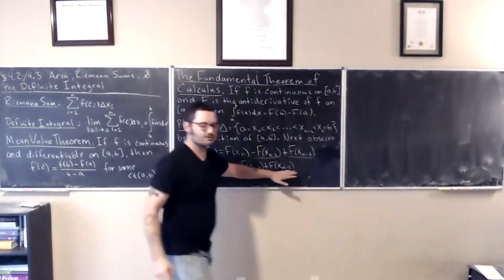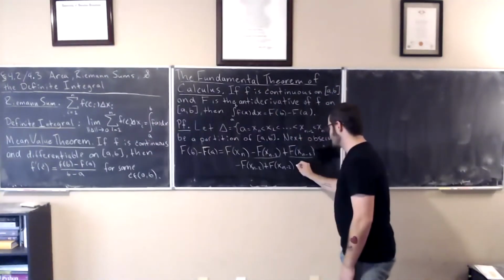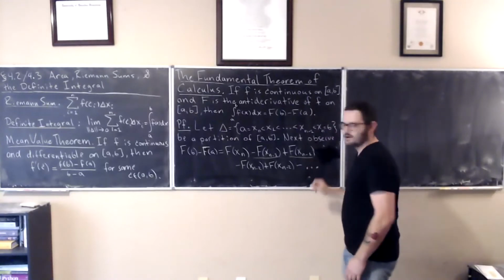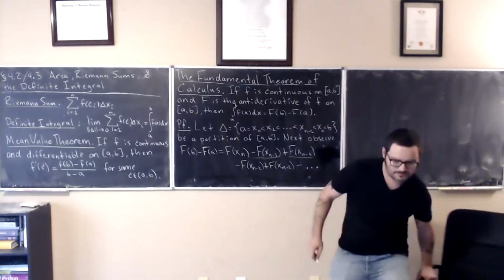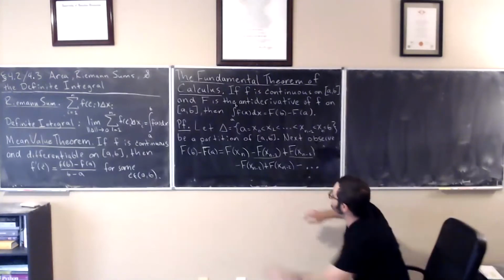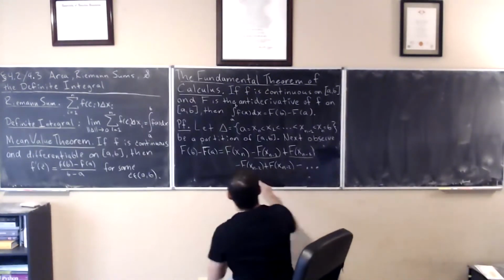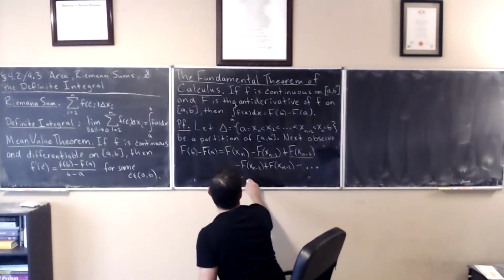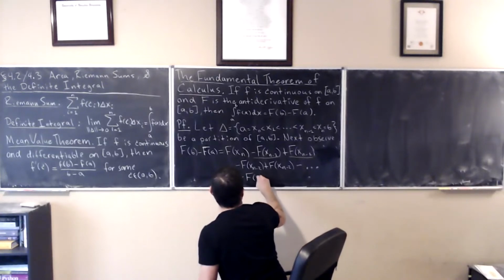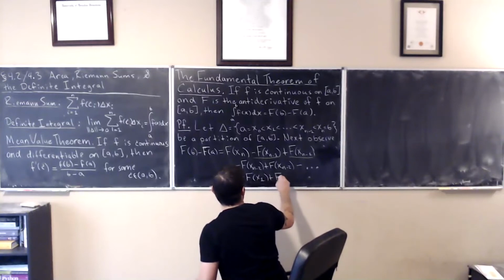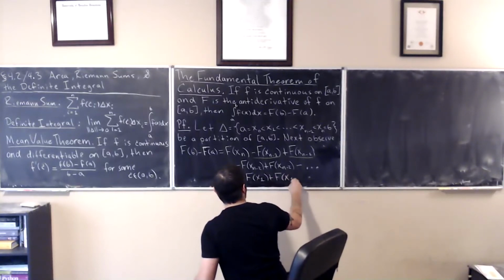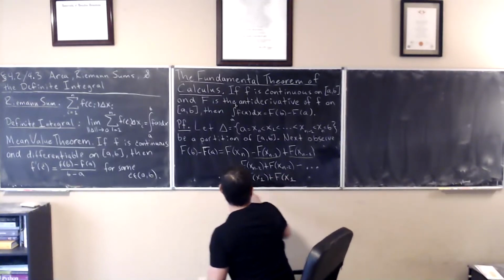That's 0 as well, right? And I'm just going to do dot, dot, dot all the way down to minus F(x1) plus F(x1), so dot, dot, dot.